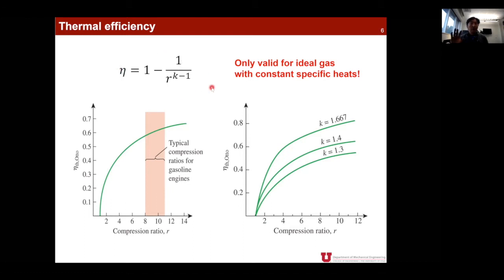So I really want you to remember the limitations of this equation. But there is a strong benefit of using this equation. By the way, I'm not going to do any derivation of this equation, but that will be your homework.